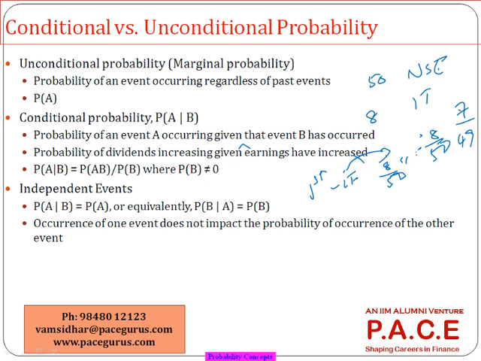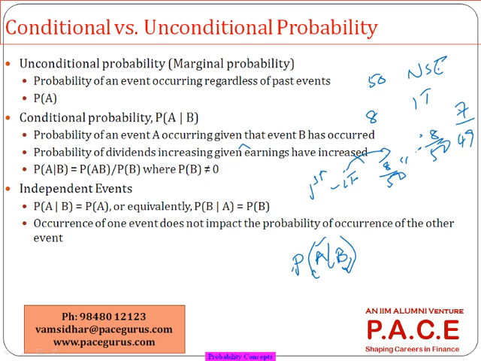The conditional probability is generally represented by A given B, which means what is the chance of A occurring given B has already occurred. Very useful, because let's say I want to predict the chance of my making a profit given the economy is good.